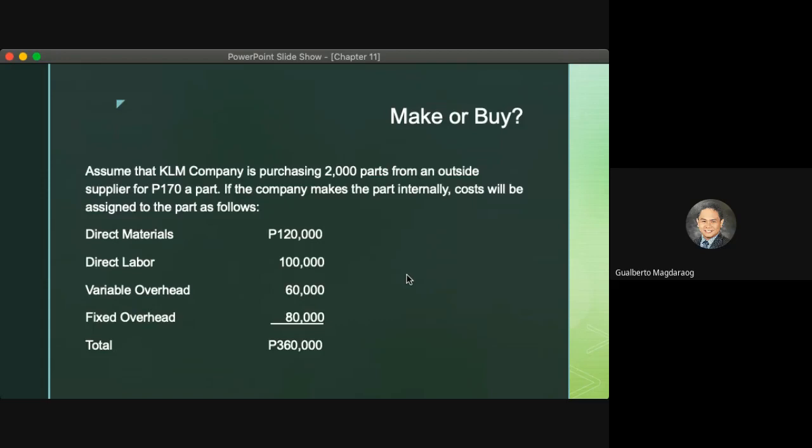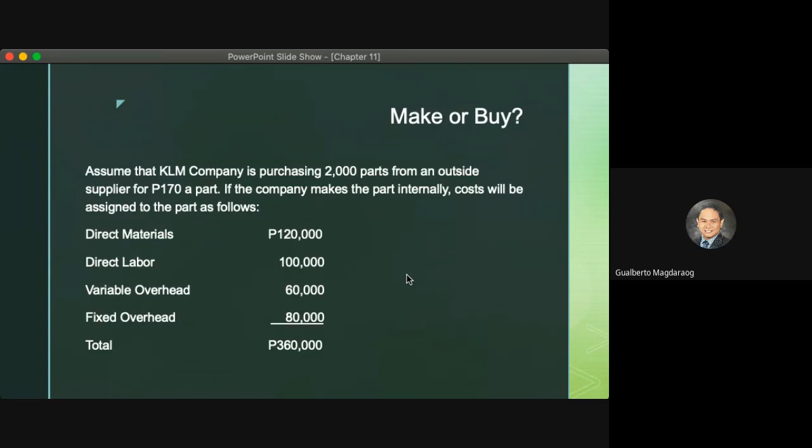Pag tinanggal mo yun, ang matitira na lang na total cost mo in producing it is 280,000. Compare it to 340,000, it seems like it's cheaper to make it internally and you will incur 280,000 only.